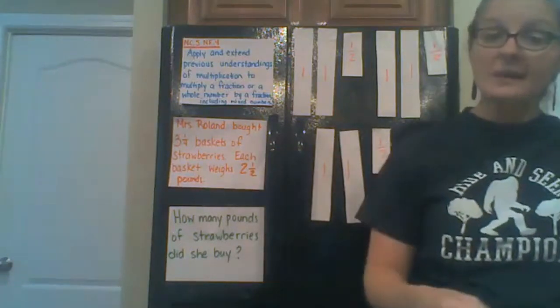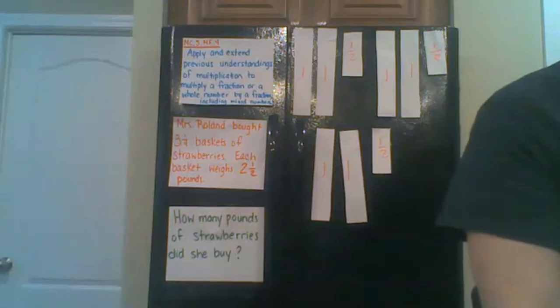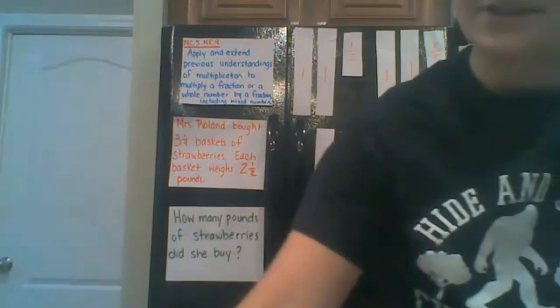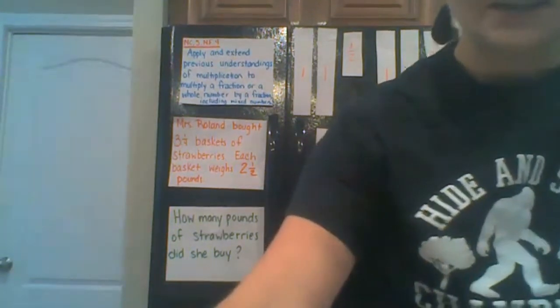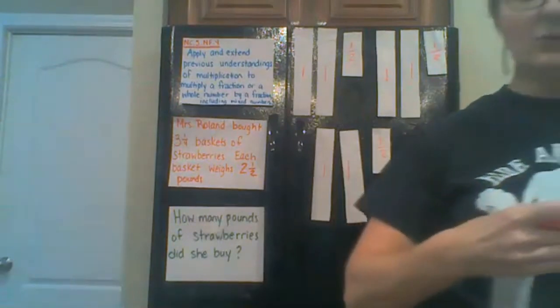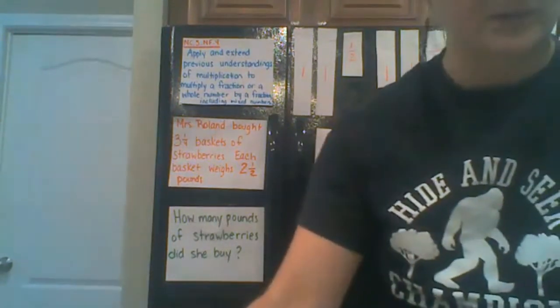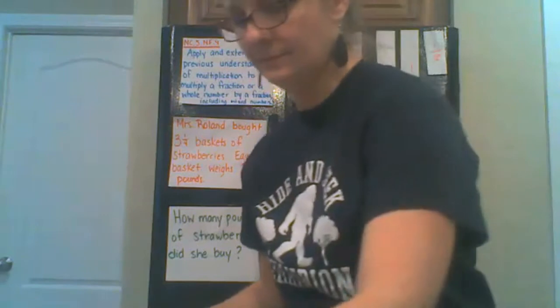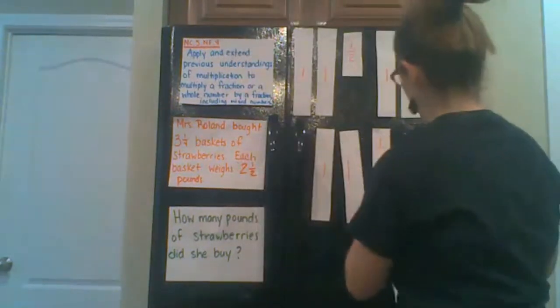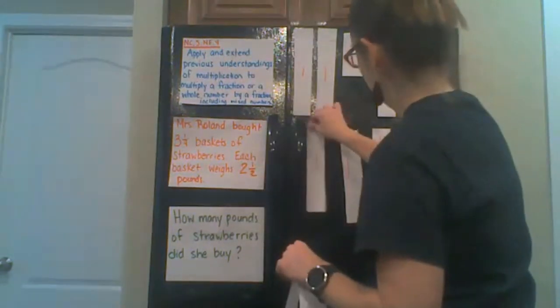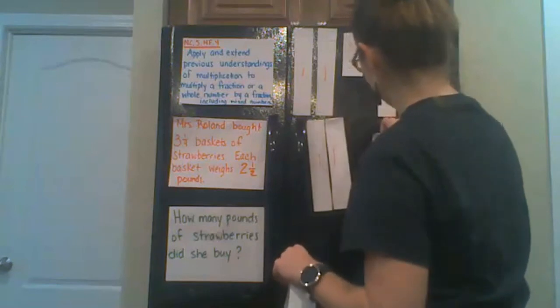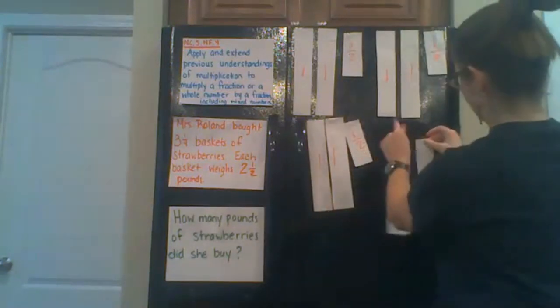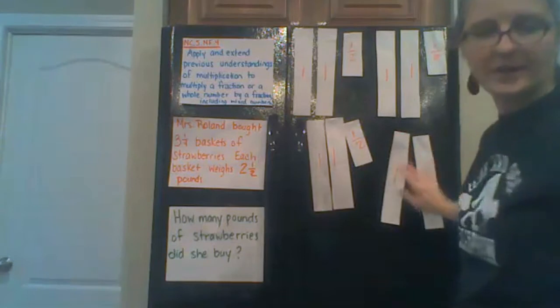So I'm going to go ahead and put 2.5 pounds up there, and then I'm going to cut it so that I can see what my parts actually are, okay? So we'll scoot him over here, and this is the basket that I'm going to cut right here.